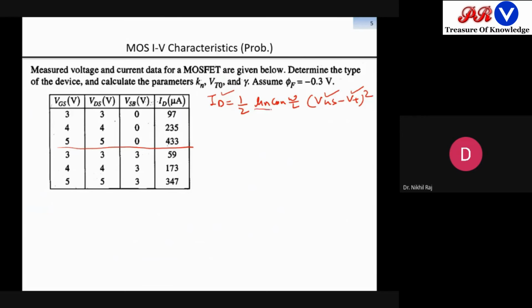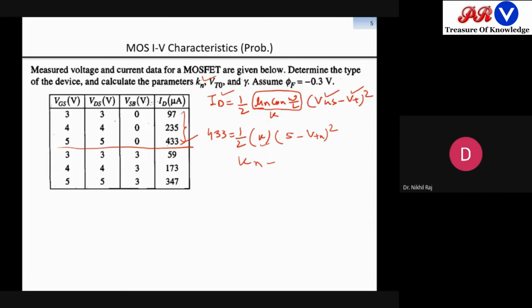So we can calculate mu Cox W by L. You can use any of the sets of variables. Let's say I'm assuming the third one. So I will write 433 equals half, this is nothing but your K, VGS is 5 minus VTH, whatever we calculated earlier, whole square. So this will give me the K value. So this problem is also solved. That will give me my Kn value.